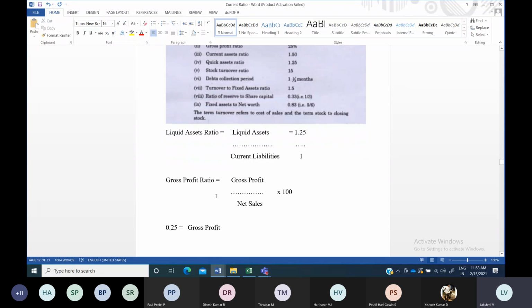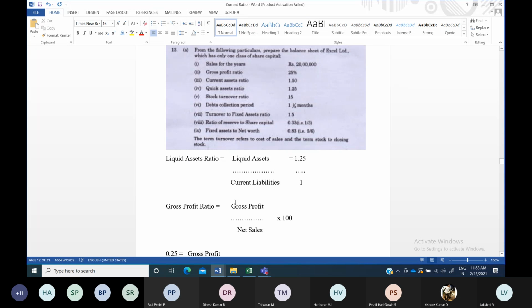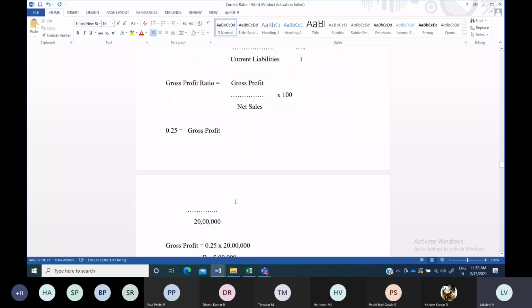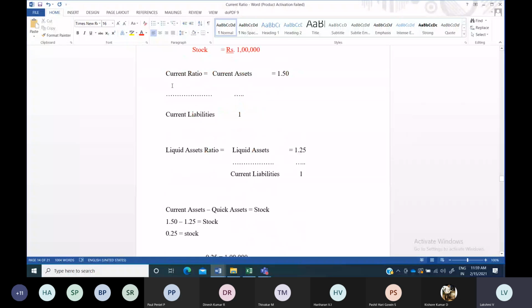Usually, if you see, this is our current ratio. Current ratio means your current assets divided by current liabilities. So let me explain here.